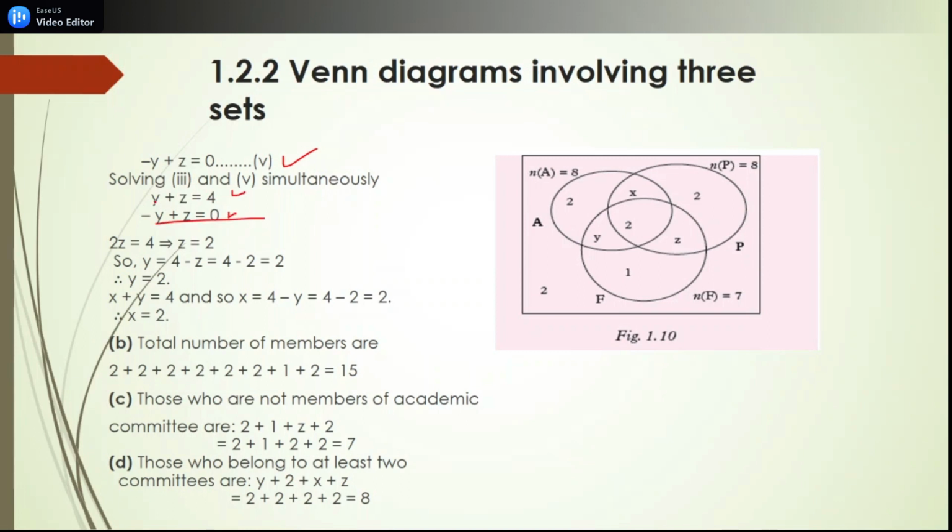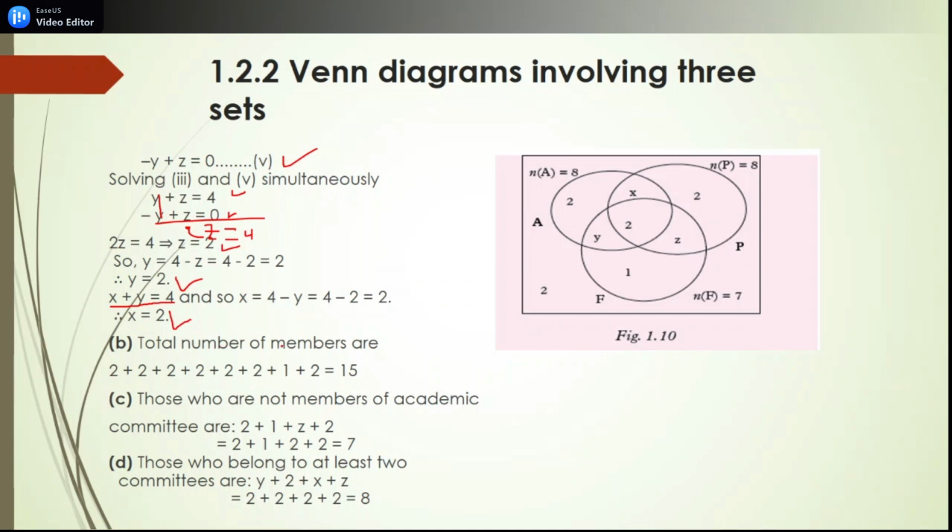By solving and simplifying, you remain with z, which is equal to 2. By making substitution in this equation, you can find the value of y equal to 2. Then by substituting the value of y in this equation, you get x, which is equal to 2.